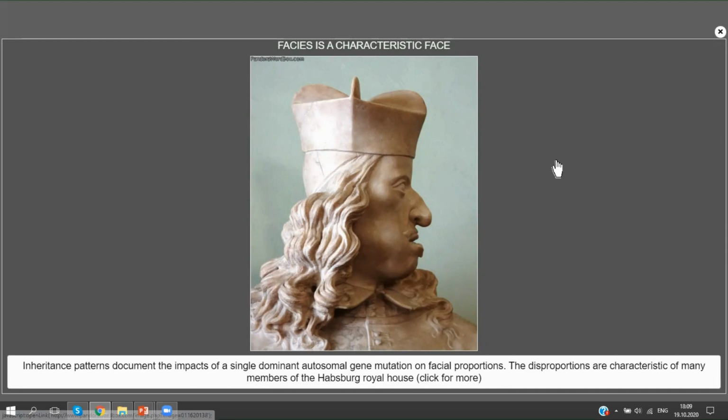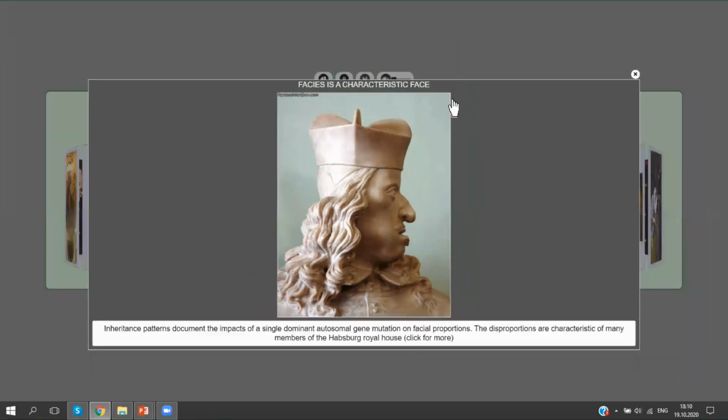This is a characteristic facies of a family. It's characteristic of a single gene dominant mutation that affects a particular family. And as written here, it is the members of the Habsburg royal house that could be recognized regardless if they lived in Italy, Spain, Brussels, or elsewhere. So it is virtually diagnostic. Next image, please.